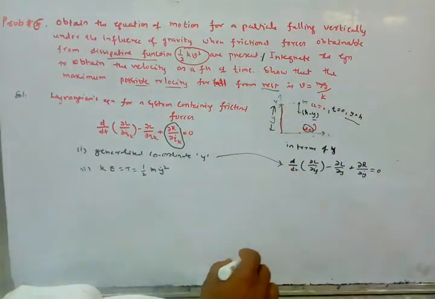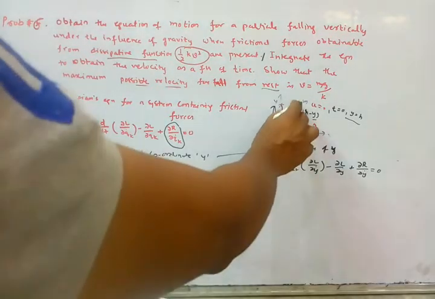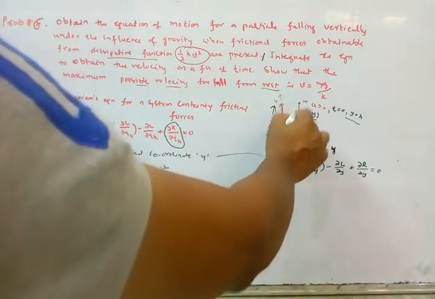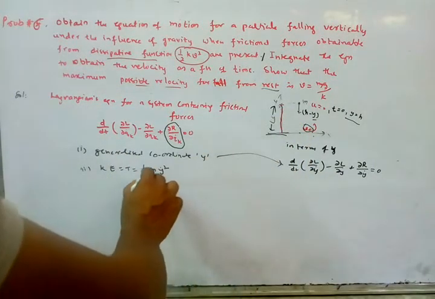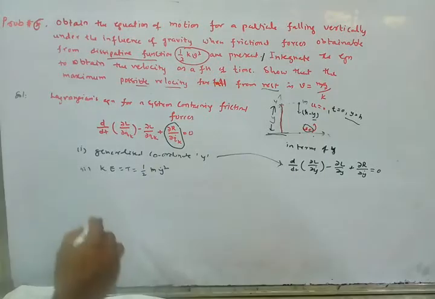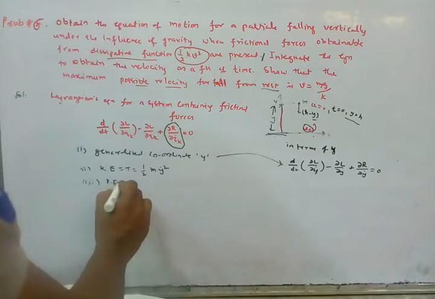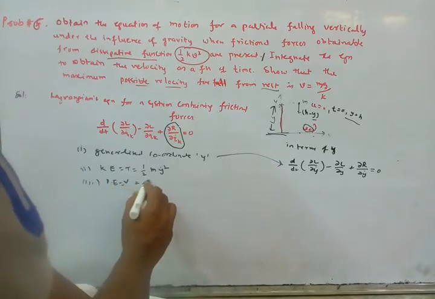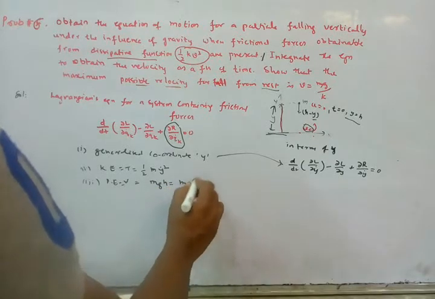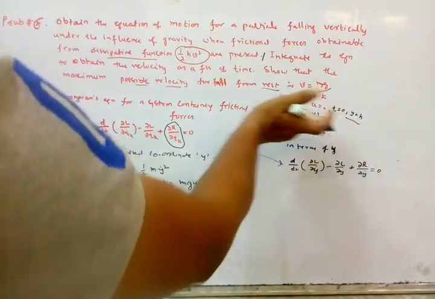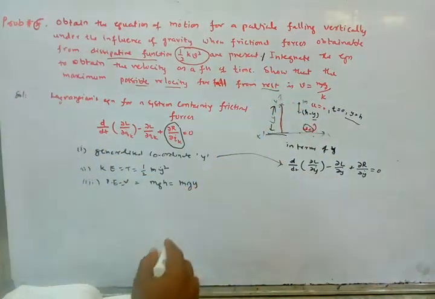The y is the distance of the particle from the x-axis, so y dot is the velocity. T equals half m y dot squared. The third step is the potential energy V, equal to mgy. The y-axis is above the xx dash line, so that is positive mgy.